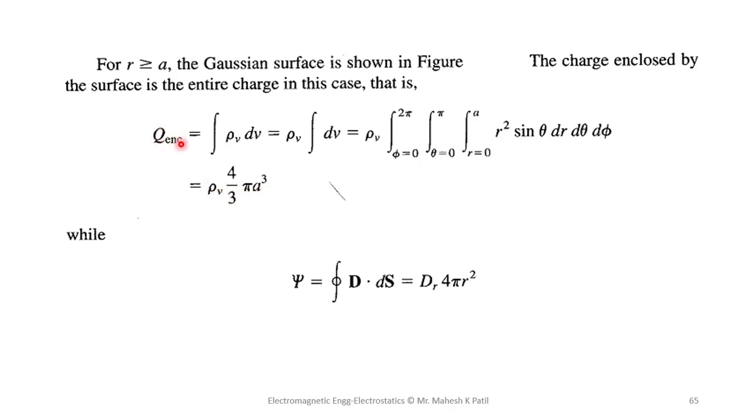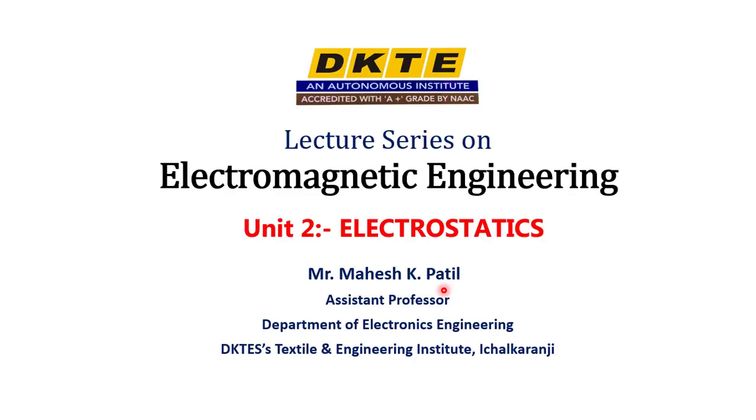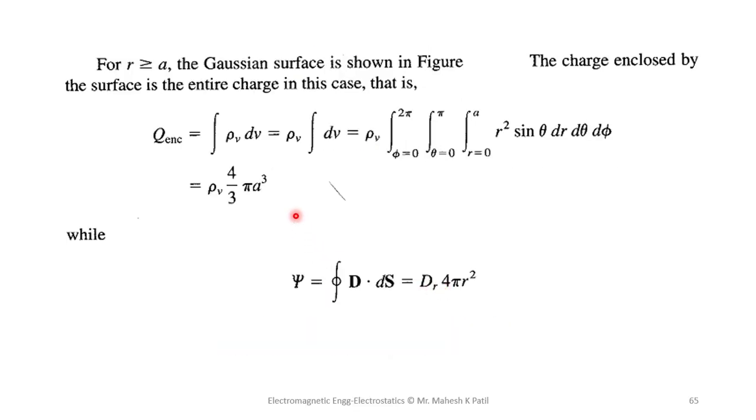So this is the Q enclosed, and the total flux psi is equal to the closed loop integration of D bar dot dS bar, which is equal to Dr 4 pi r square. Now simplify this to get the answer of D after equating these two equations.